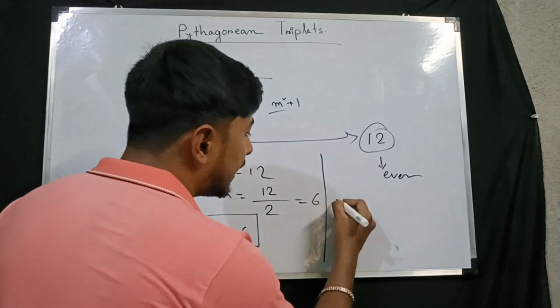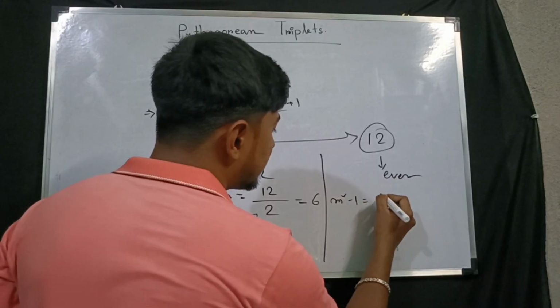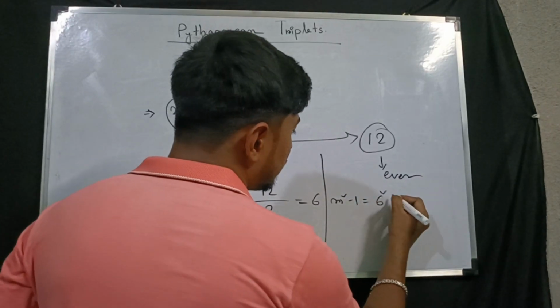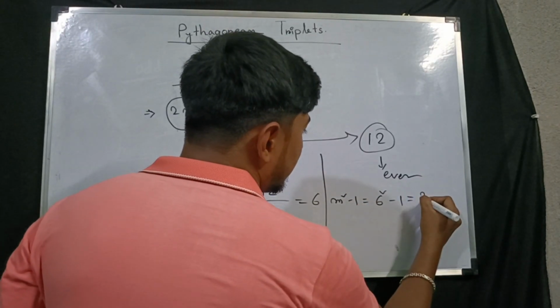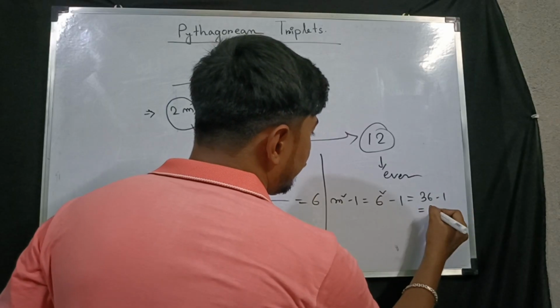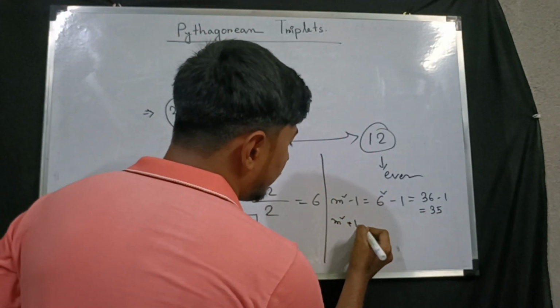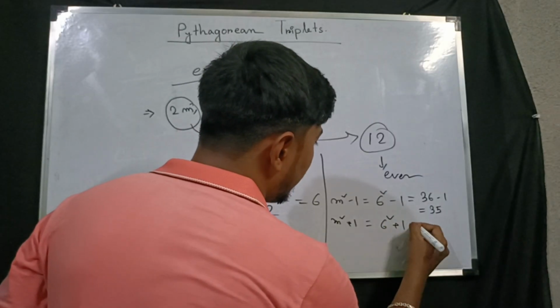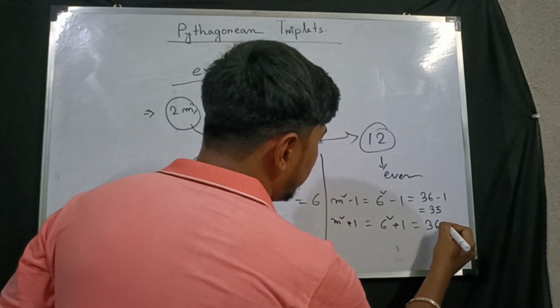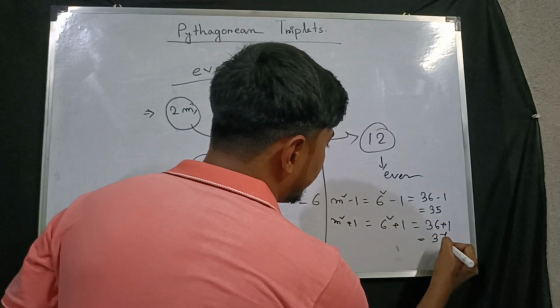So what do we get? m square minus 1, where the value of m is 6: 6 square minus 1, that means 36 minus 1, 35. And the rest is m square plus 1, that means 6 square plus 1, 36 plus 1, that means 37.